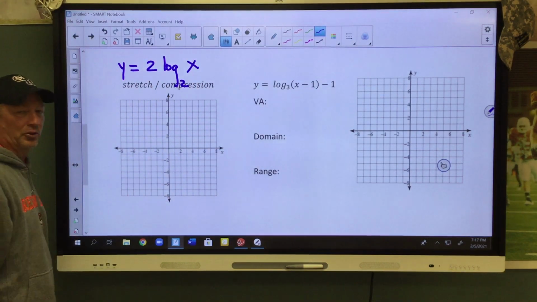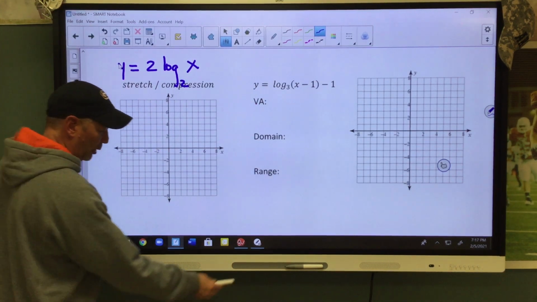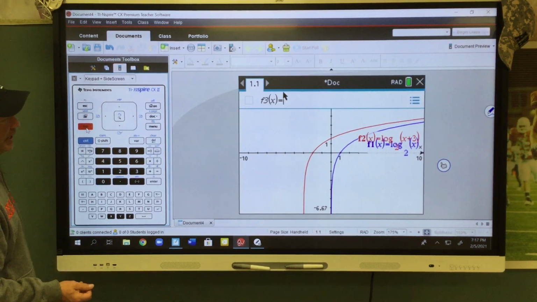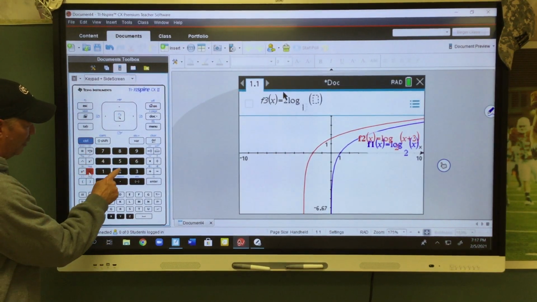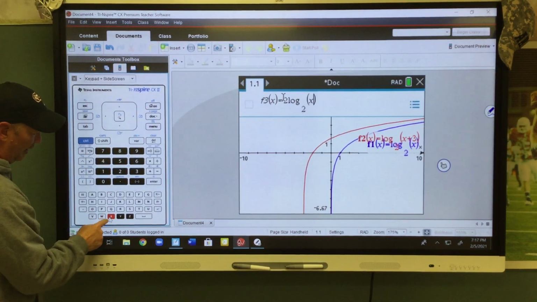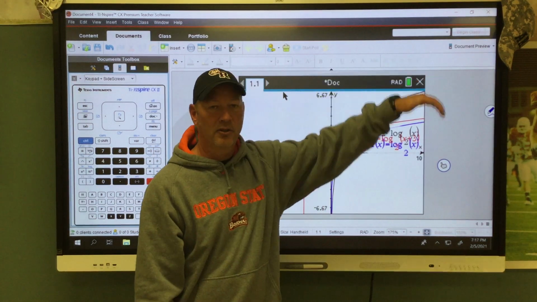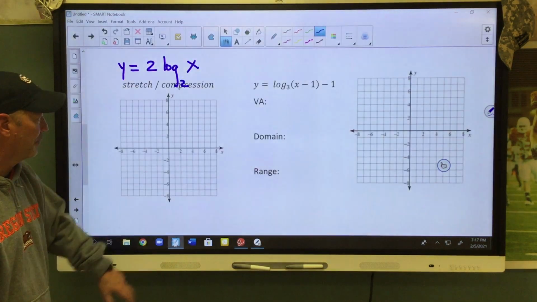That would be a vertical stretch by a factor of 2. And we'll give you a quick look at this. We'll say tab, and we're going to say 2, and then we'll go to our log base 2 of x, and we'll hit enter, and that's going to stretch us by a factor of 2. Okay? All right, back to our paper.